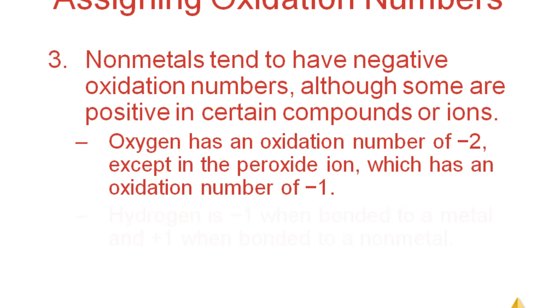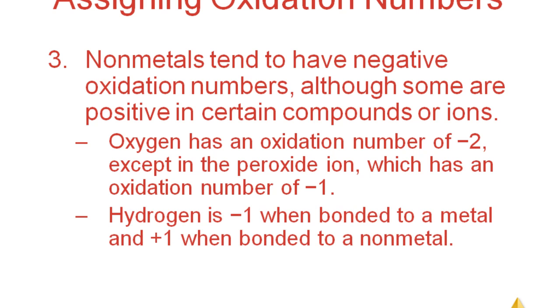Then comes hydrogen. When it is bonded to non-metals, hydrogen will act like the positive ion, or it will be +1. But when it is bonded to metals, it will be -1.